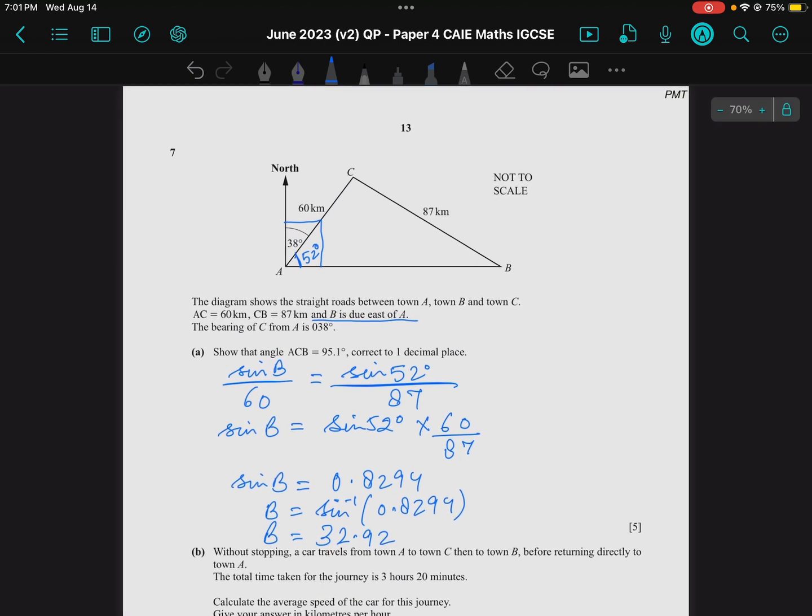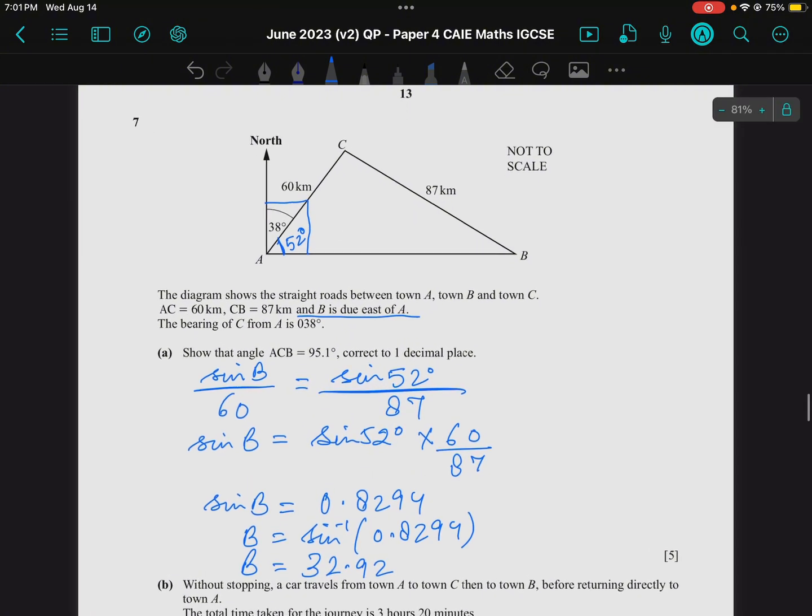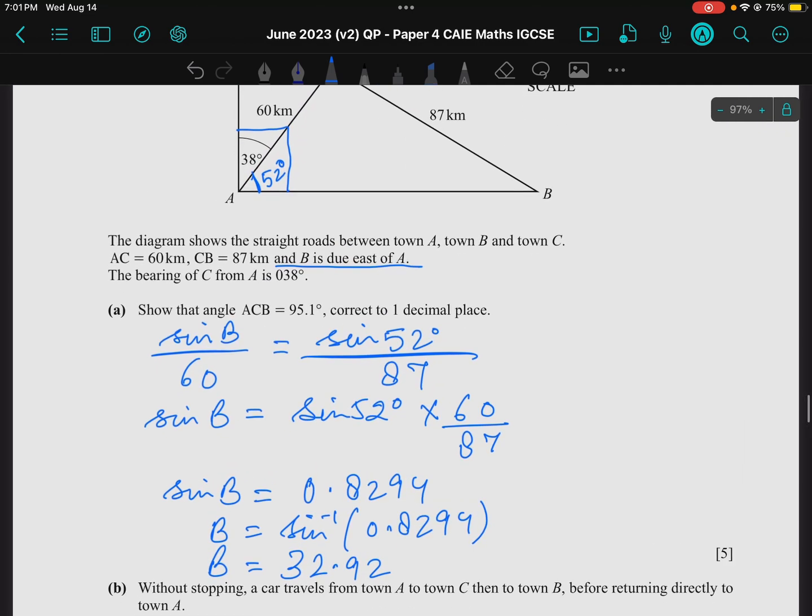32.92 is angle B. So what is angle C? Therefore, angle C is equal to, the total in a triangle, the sum is 180. From 180 we will subtract 52 degrees plus 32.92.